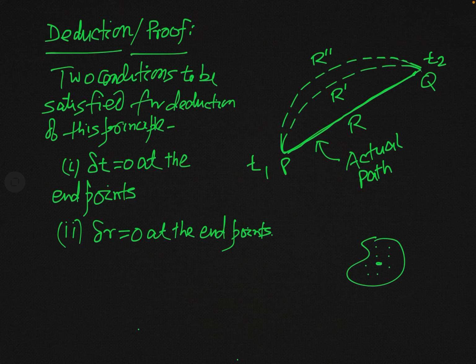For calculation, we consider an ith particle. Let this be an ith particle, acted upon by a force Fi. So Fi is one of the forces which act on our system. So you can write the equation of motion of this ith particle taking this force into account.